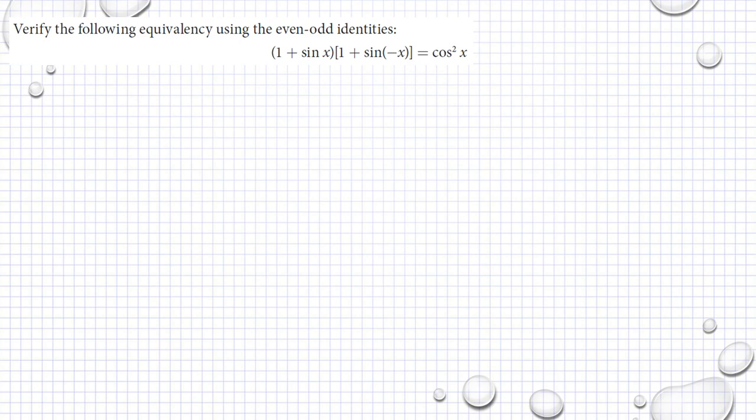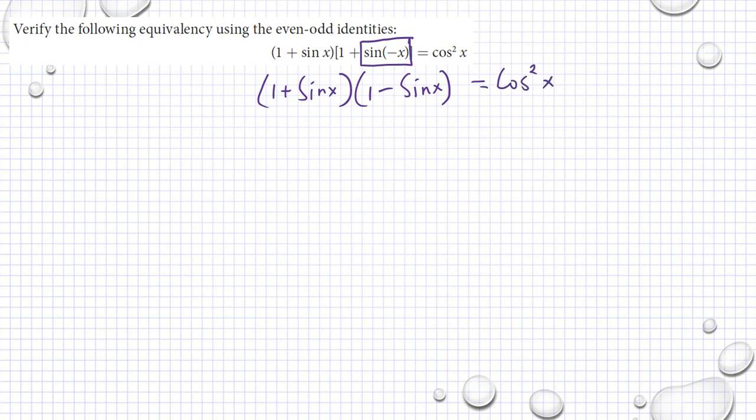Some more. Verify the following equivalency using the even odd identities. Let's see. 1 plus sine x, and then 1 minus sine x will become 1 plus sine negative x, according to even odd identities. Then we have cosine squared x.